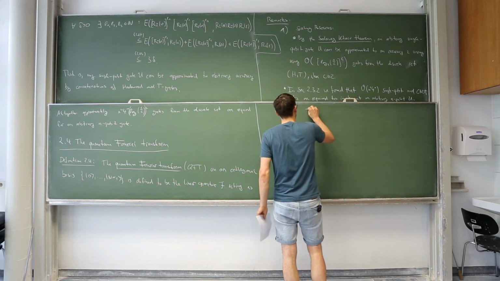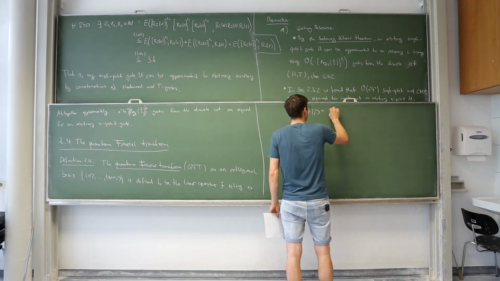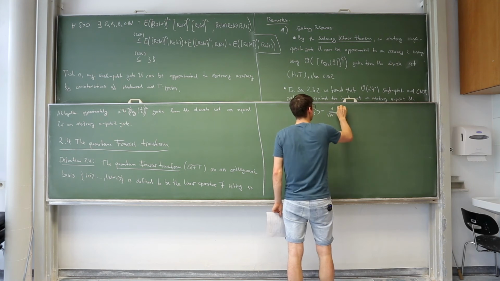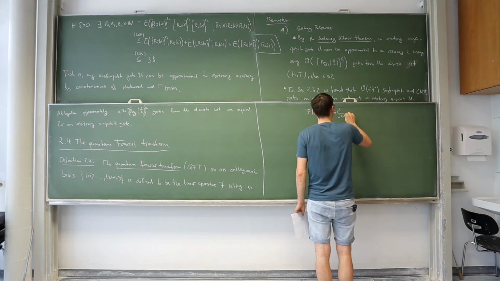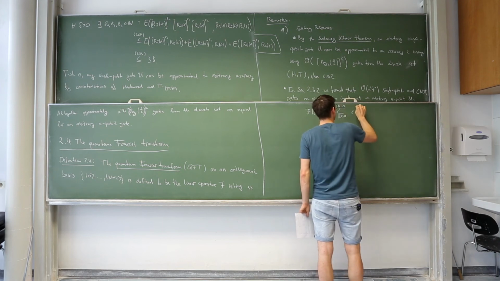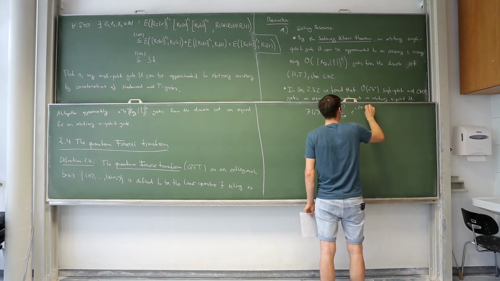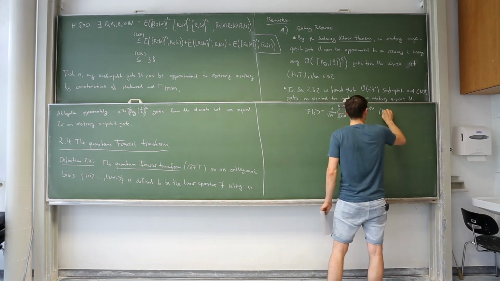We have F acting on |j⟩ is equal to 1 over square root of n, and then the sum over k equals 0 to n minus 1, of e to the i 2 pi jk divided by n, and then basis state |k⟩.